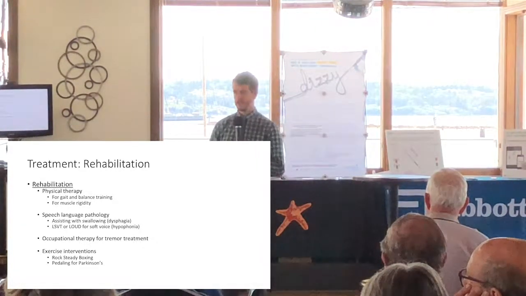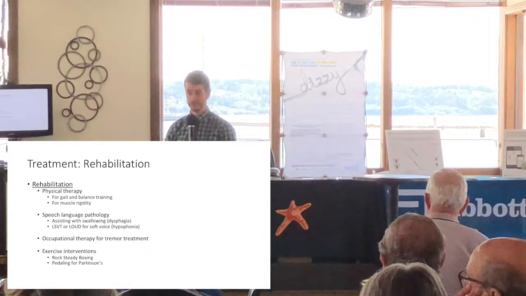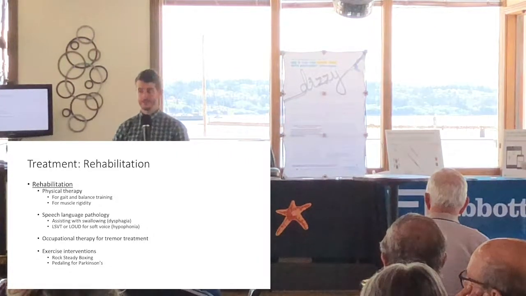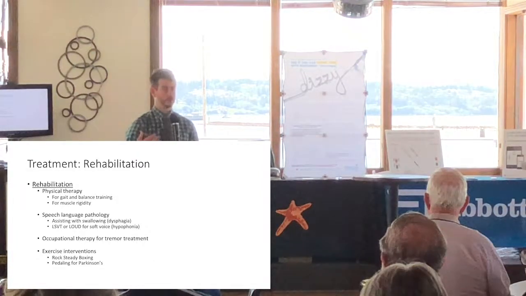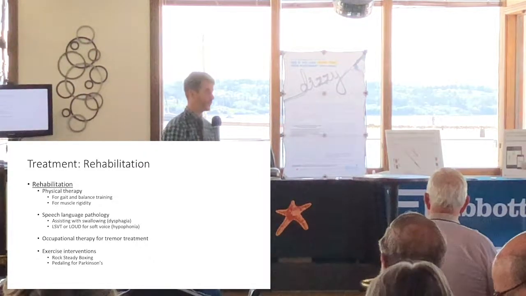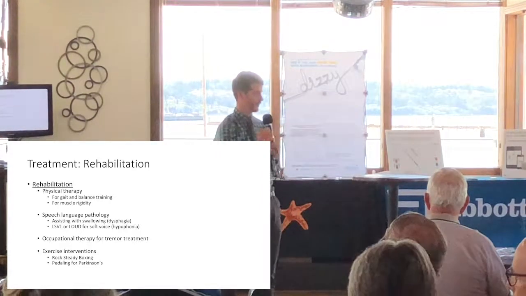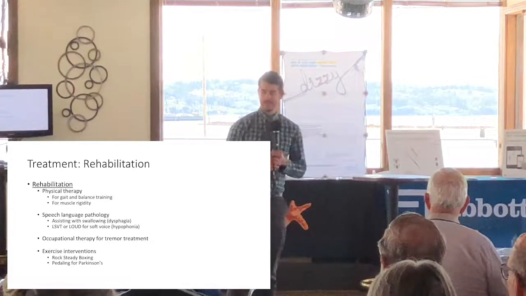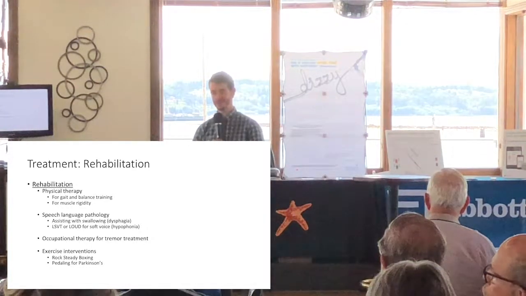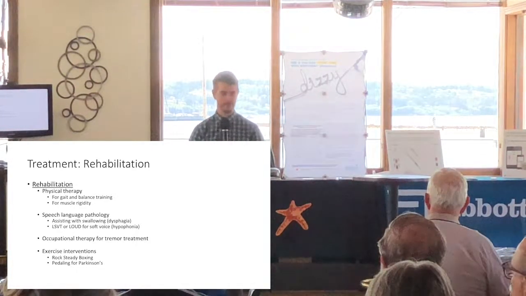We recommend speech-language pathology evaluation, who are the speech and swallowing specialists, for people who have problems projecting their voice and also problems swallowing. We recommend occupational therapy sometimes for people who have cramping in their limbs or who have tremor. And then we also recommend exercise, which I'm sure all of you have heard about.